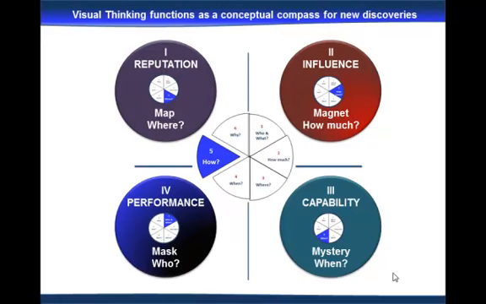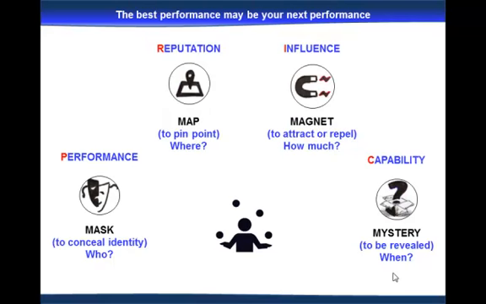So how do these performance variables come together? They come together visually, where we understand our performance as a mask that really conceals the identity of who we are. And our reputation is really a map that pinpoints where we are at a particular point in time.